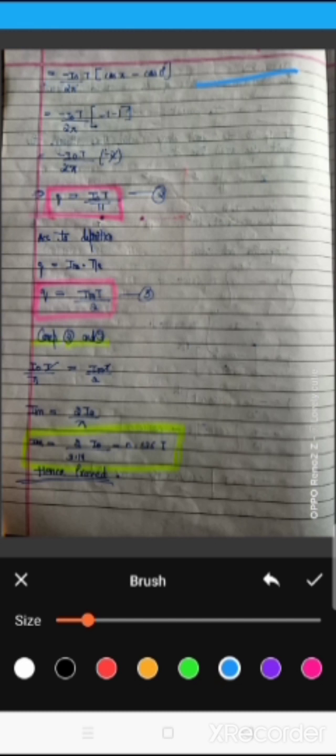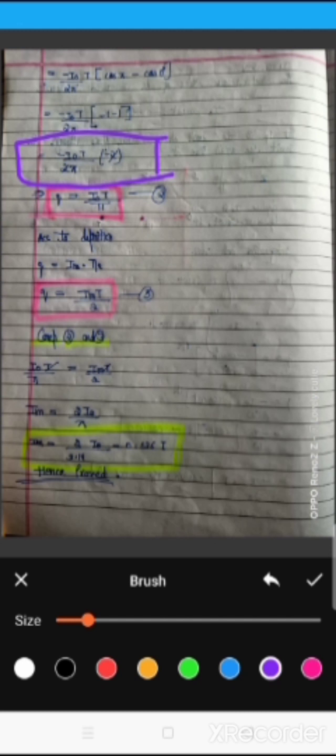So minus I naught T upon 2 pi, bracket minus 1. Cos pi is minus 1, cos 0 is 1, here it was earlier minus, so minus, and the final result we got is minus I naught dot T upon 2 pi bracket minus 2.